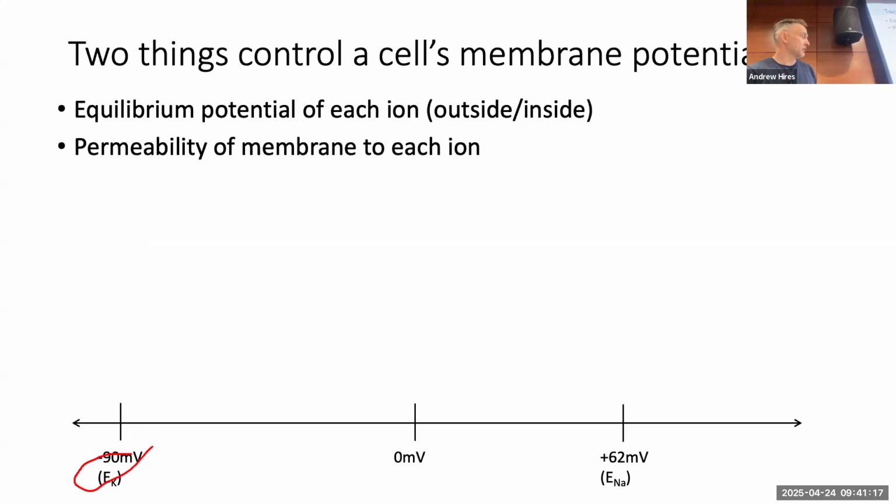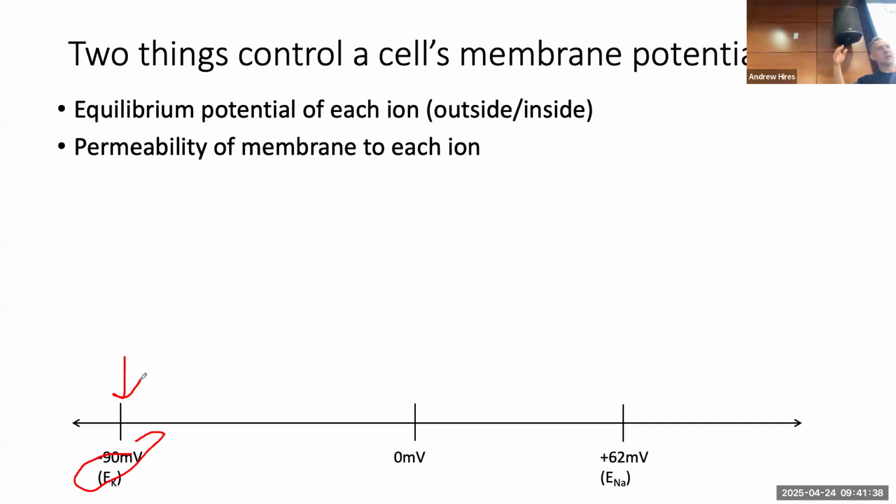It's negative 90 millivolts. So if we only had potassium channels open, our membrane potential for the cell would be down here at negative 90 millivolts.